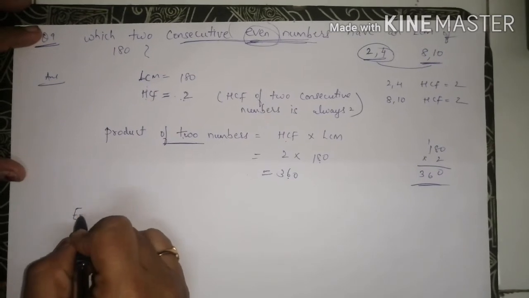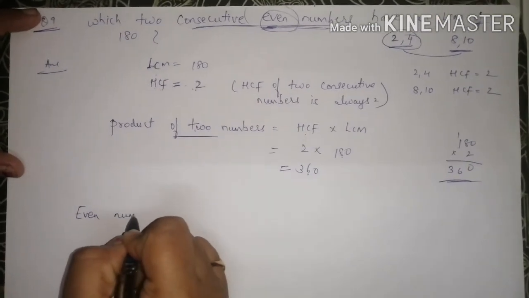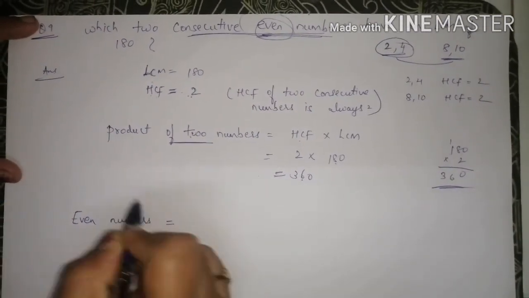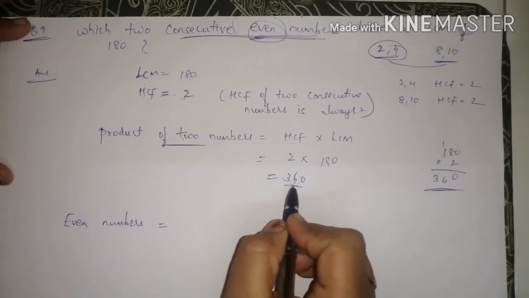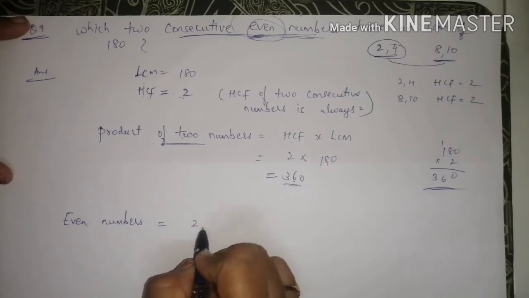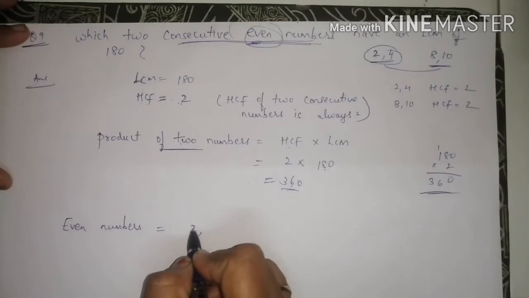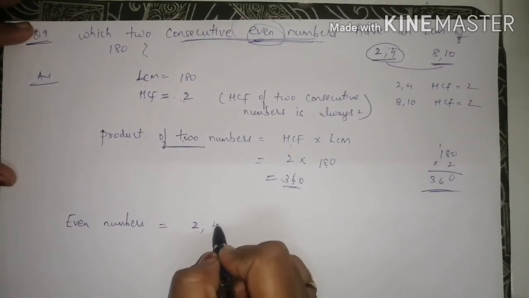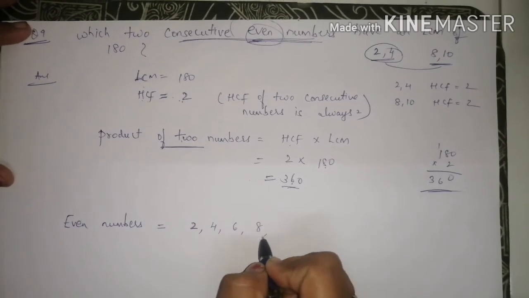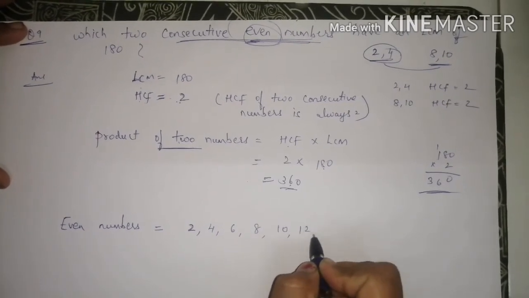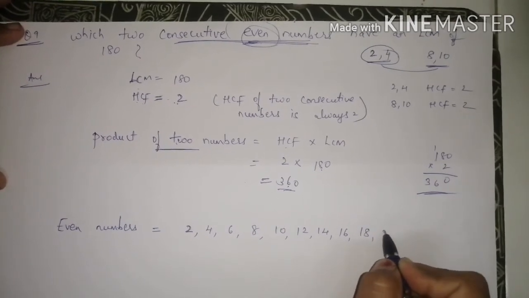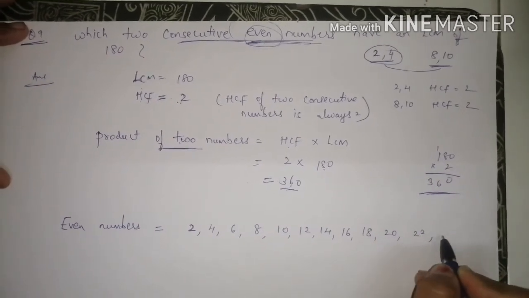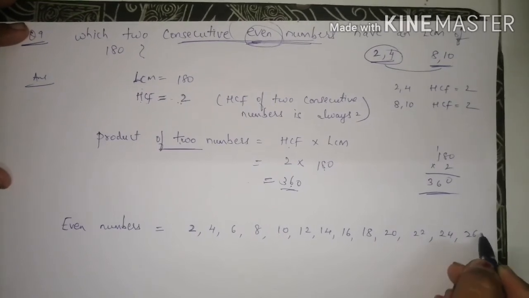Now children, we know the even numbers. I'll write some even numbers, and from that we will find out which two even numbers, when multiplied, give us 360. So starting from 2, 4, 6, 8, 10, 12, 14, 16, 18, 20, 22, 24, 26 and so on.